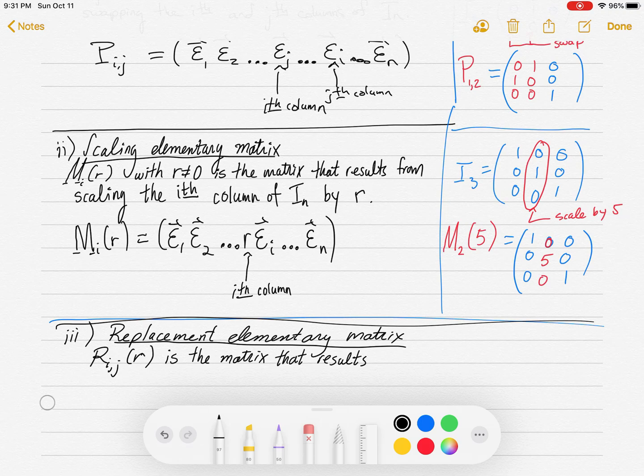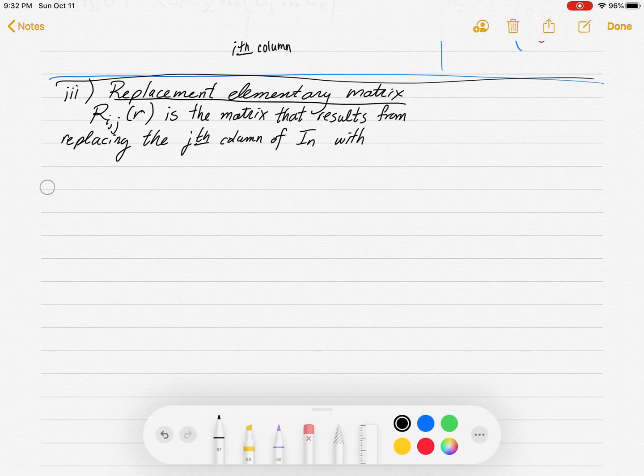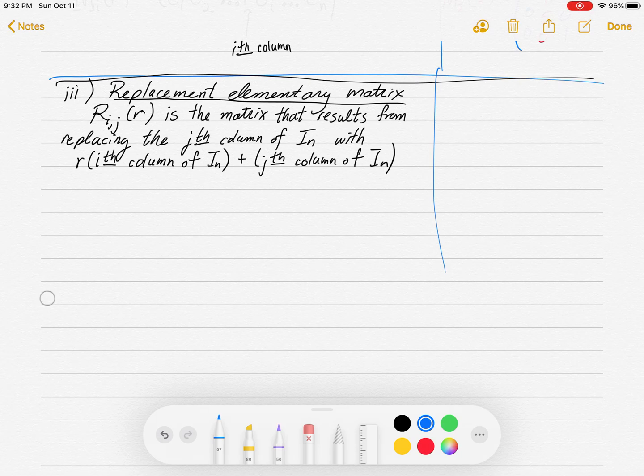So R sub ij of little r is the matrix that results from replacing the jth column of the identity matrix with, let me scroll a little bit so I can write some more, with r multiplied or scaled by the ith column of the identity plus the jth column of the identity.